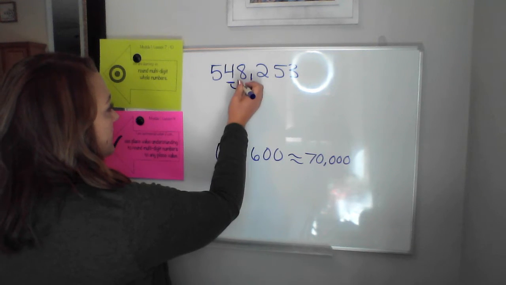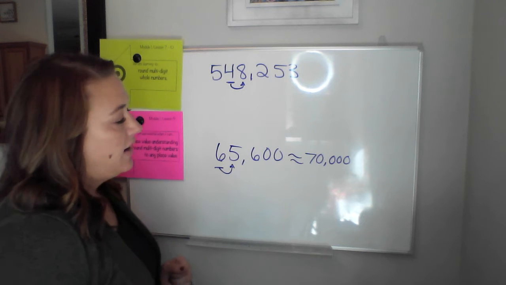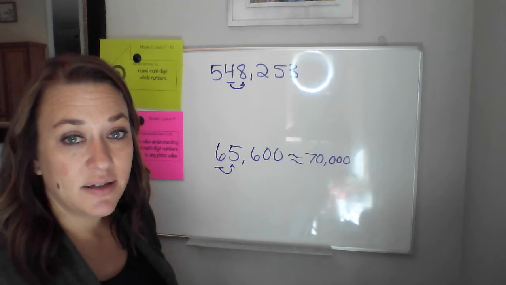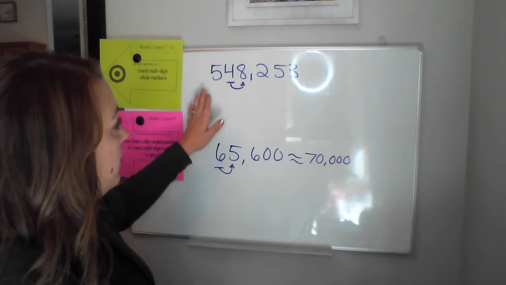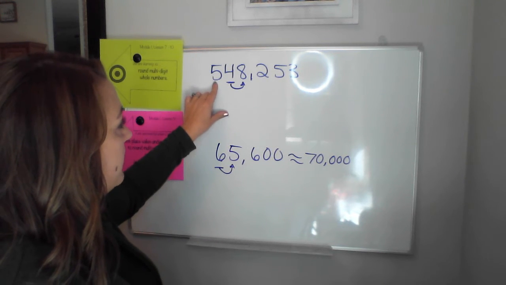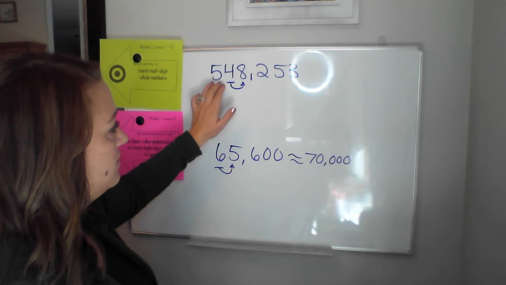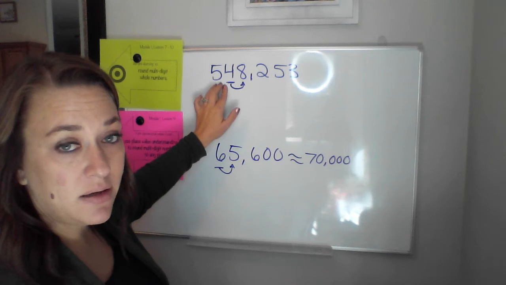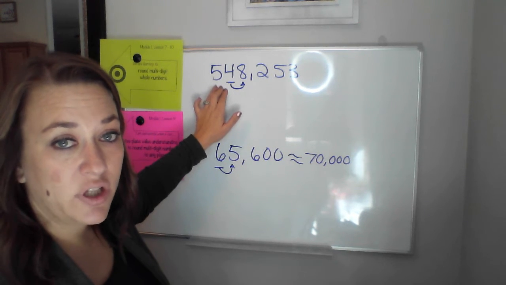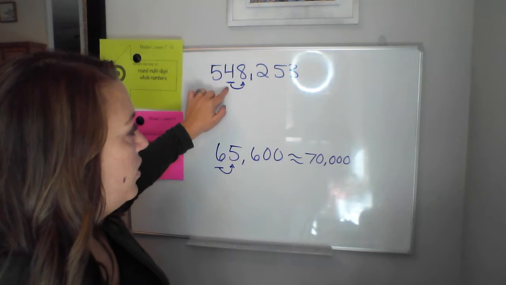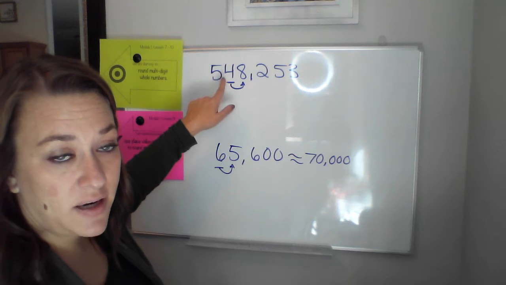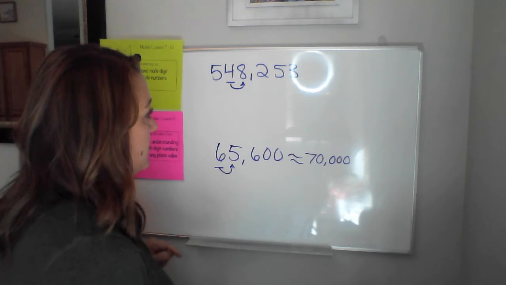So if we look to the right, we see an 8. 8 is more than 5. So that means we're going to be rounding up. When I look at this, I have 548,000. So I know my lower end would be 540,000. My high end would be one more, which would be 550,000.